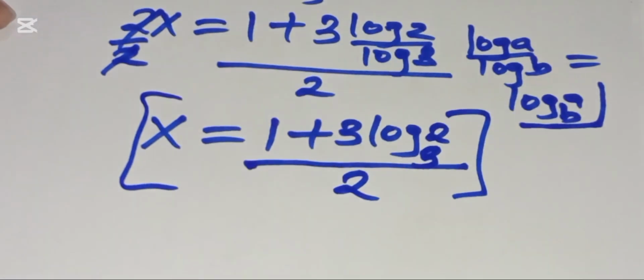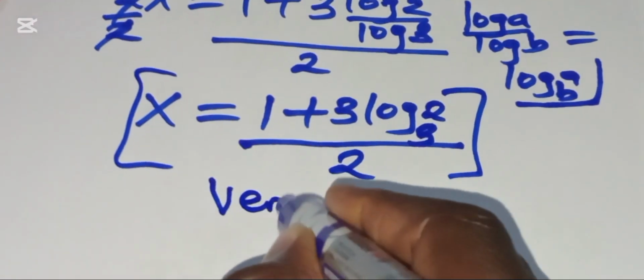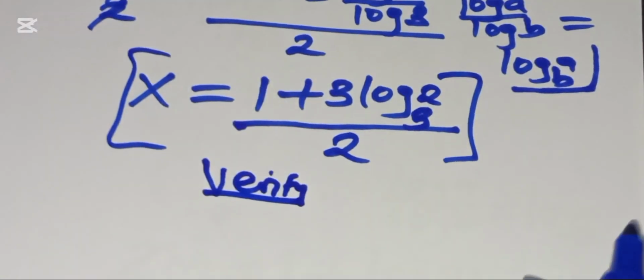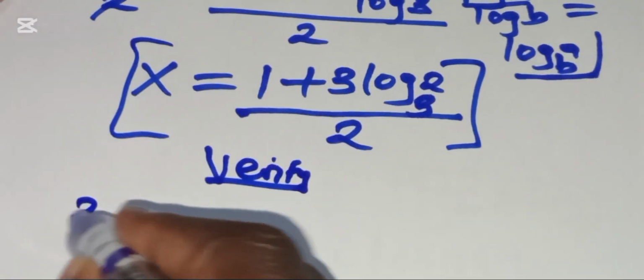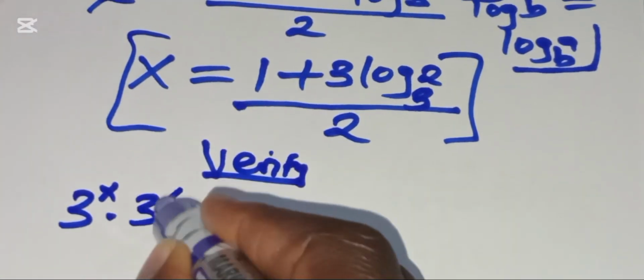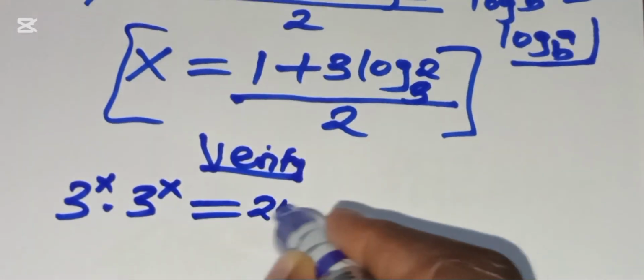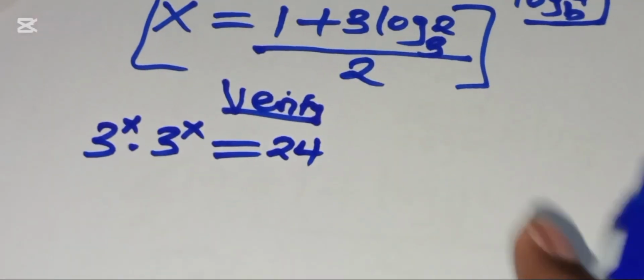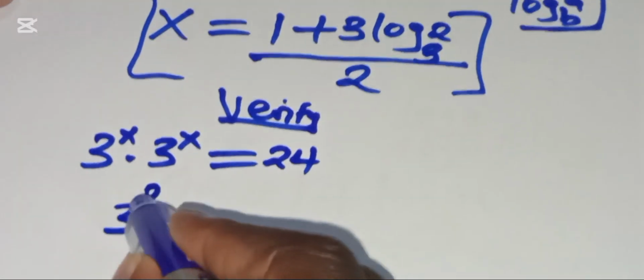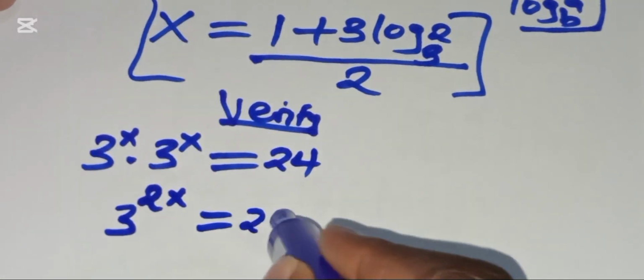So let's verify that this value of x satisfies the equation. If you recall, we had that 3 raised to the power x multiplied by 3 raised to the power x is supposed to give us a value of 24, which is basically 3 raised to the power 2x equal to 24.